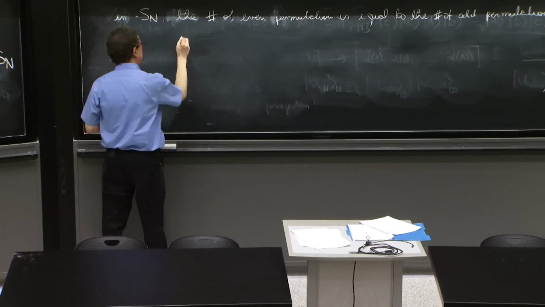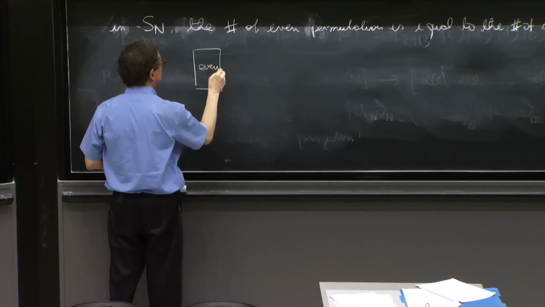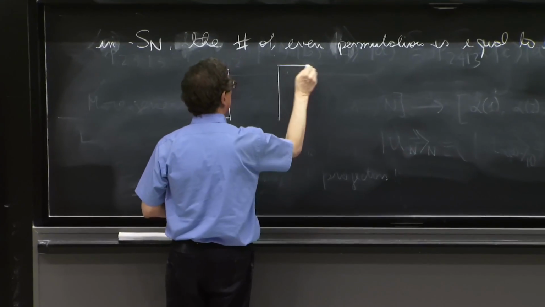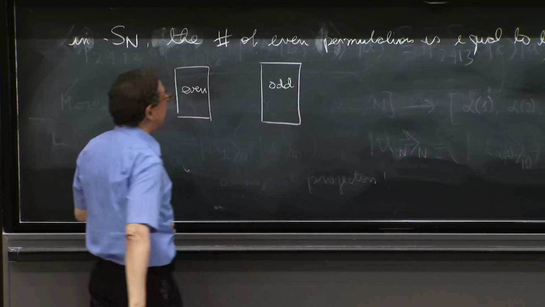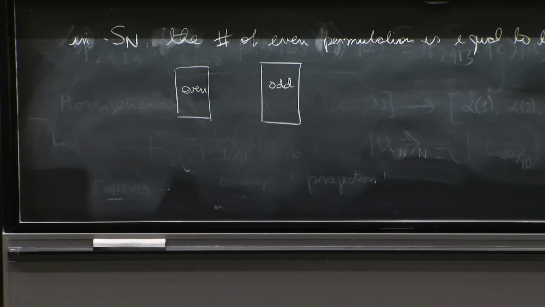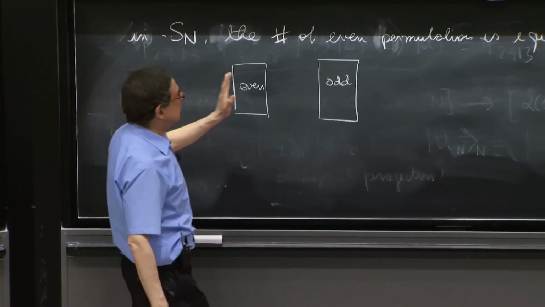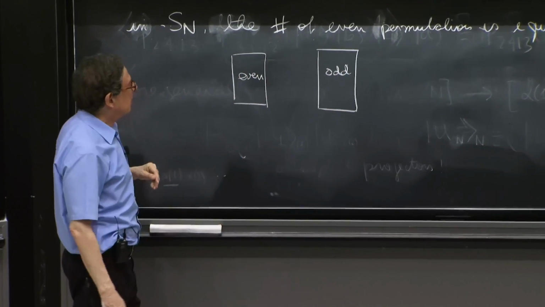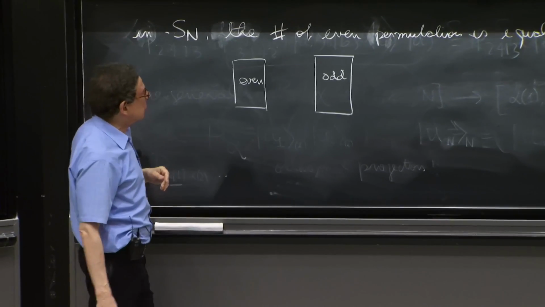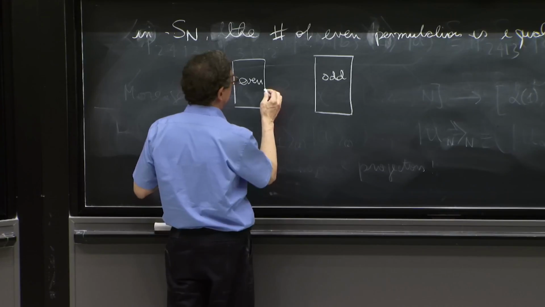You think of the even permutations here. Here are the even permutations. And here are the odd permutations. And you can easily show that there's equal number on this one. So let's do it. One way is to take the permutation element.